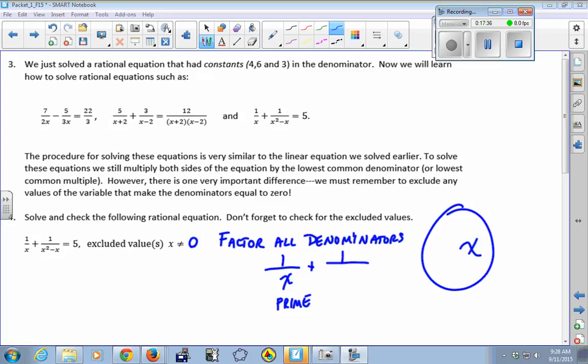Anybody remember how I'm going to factor this second one here, x squared minus x? Greatest common factor. Remember I told you, put it on your palm. In fact, maybe that's what my tattoo will say. X and then x minus 1. But I'm actually going to make that a different color.